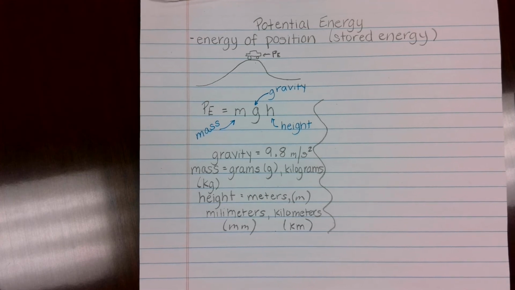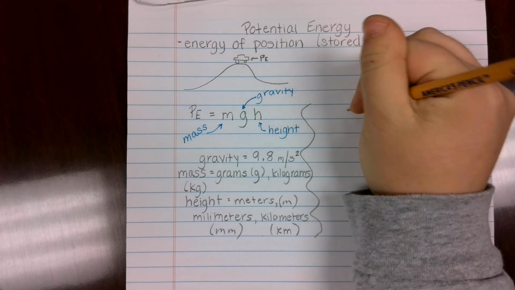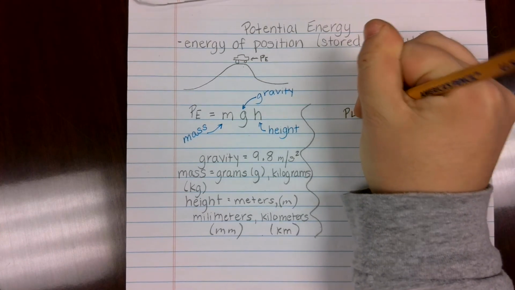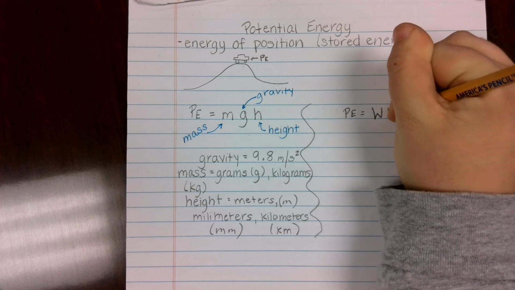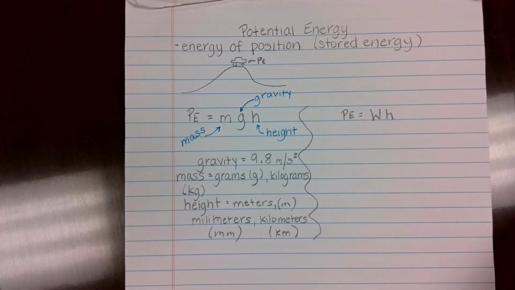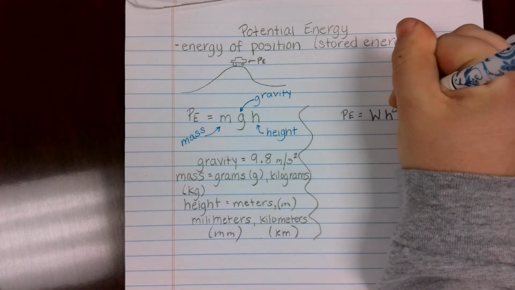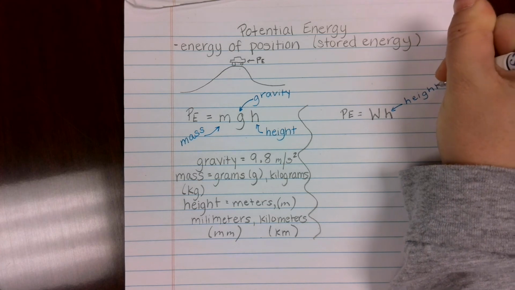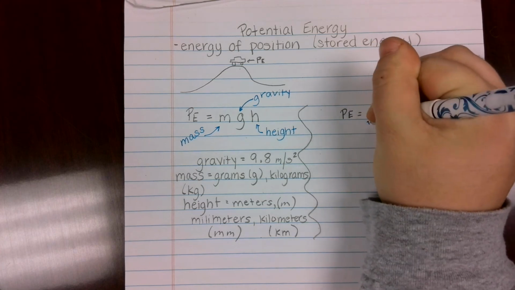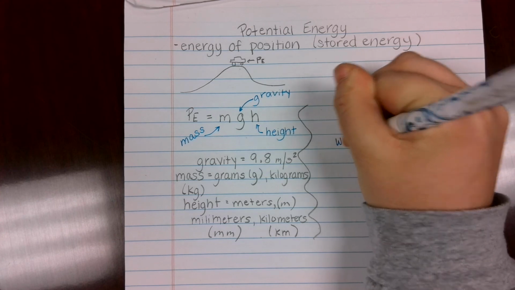Perfect. Now, the other formula that we can use is PE, potential energy, equals WH. We know from solving over here that our H is equal to height. And this W is actually going to equal weight.